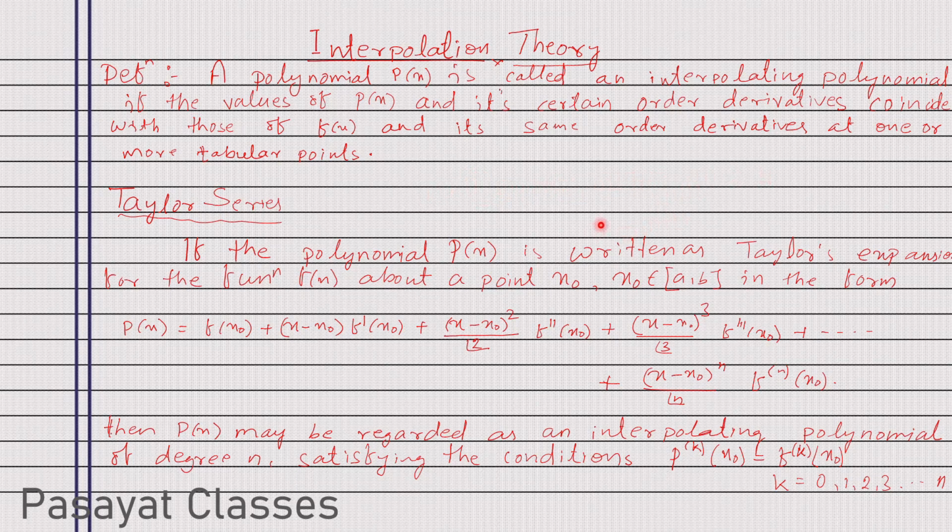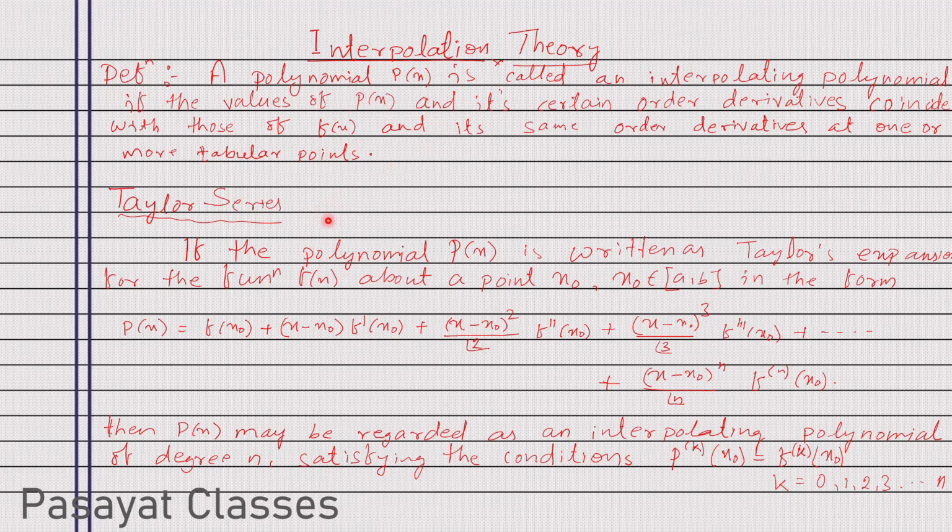At these points we get f(x1), f(x2), f(x3), etc. So at these nodal points the interpolating polynomial p(x) also gives the same values as f(x). This condition is known as interpolation.